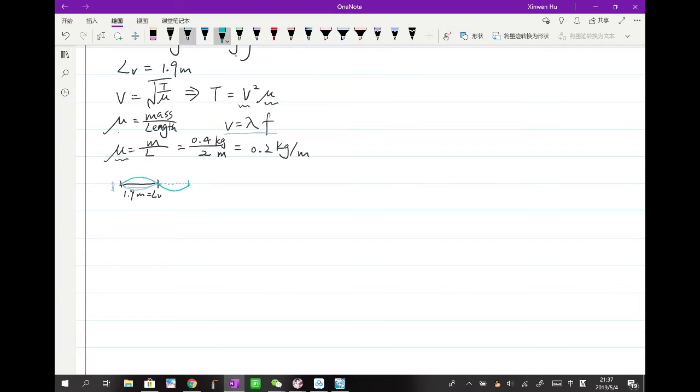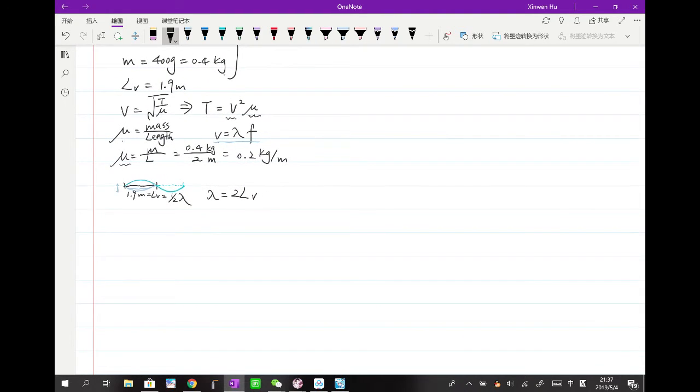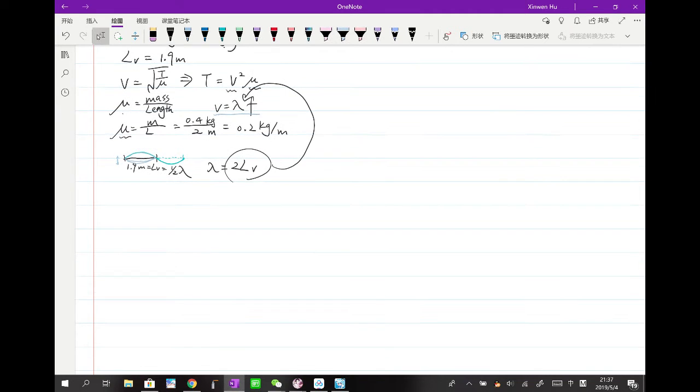So 1.9 meter, which is the length of vibrating, is also 1/2 lambda. So we can say lambda is equal to 2 LV. Then we put this one in this equation.